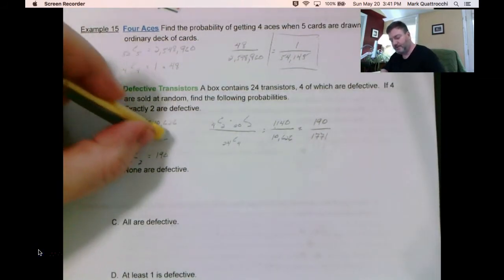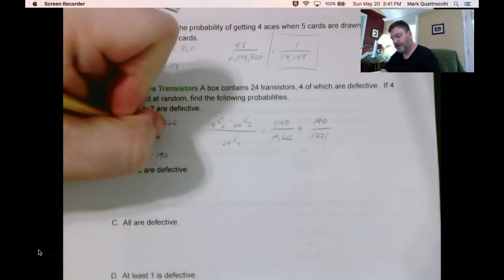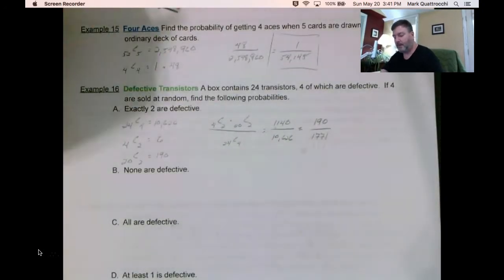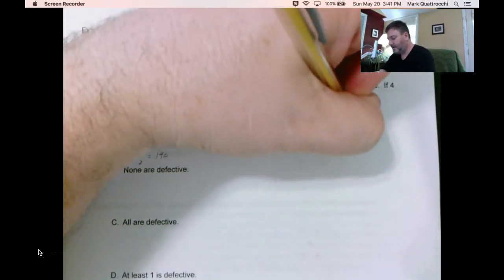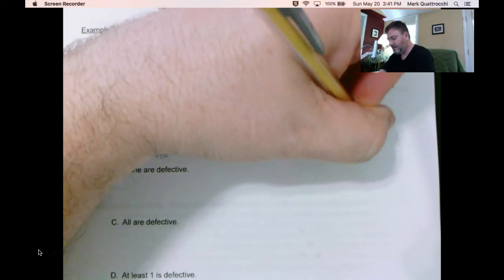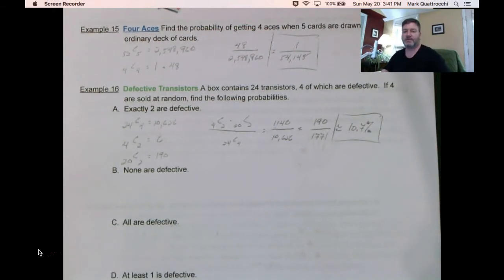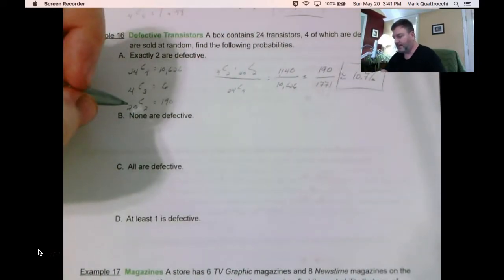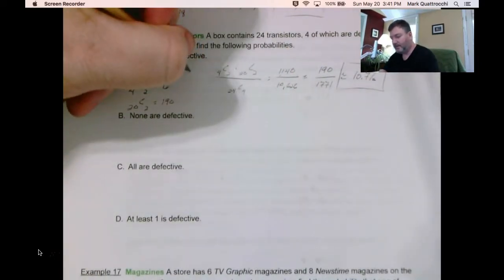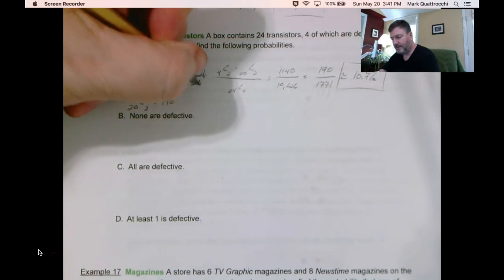Sorry, this 4 choose 2 is actually 6, not 12. Shouldn't have tried to do it in my head that quickly. So 190 divided by 1771 is approximately 10.7%. So there's a 10.7% chance that 2 of the 4 transistors are defective. What's the probability that none of them are defective? So I'm sorry, this up here, this is the probability of exactly 2 defective.